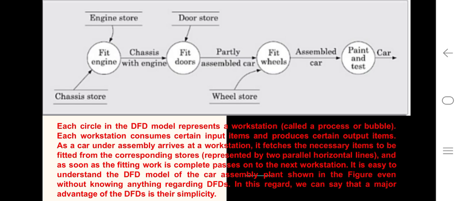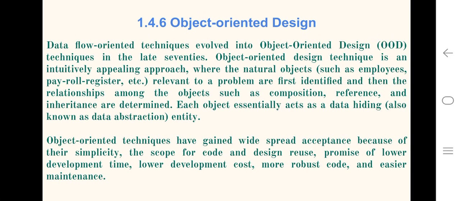The fit engine gives the chassis with engine to fit doors, and the next step is that the partly assembled car is fitted with the wheels. Then the assembled car is painted and tested, and ultimately the car is ready.